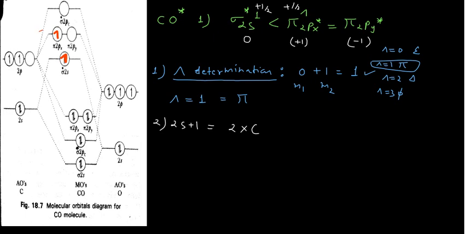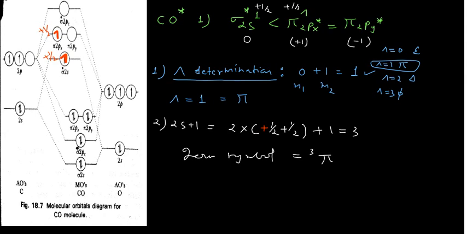So plus half and plus half will make 1, and 2S plus 1 will give you 3. So it means the spin multiplicity is 3. So I can write the term symbol: that term symbol would be pi, with the spin multiplicity 3.